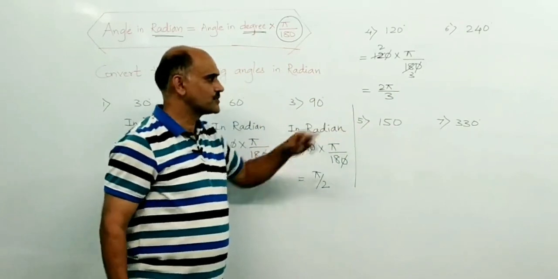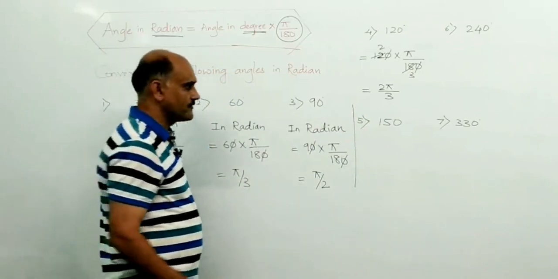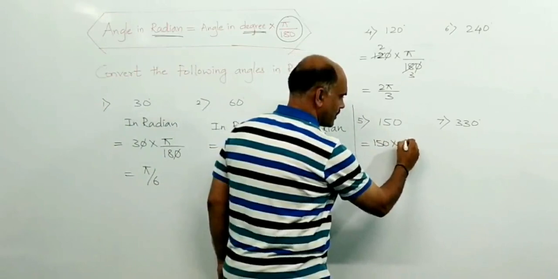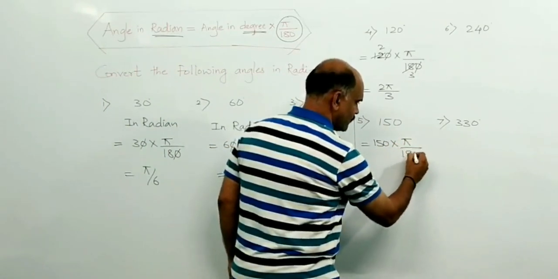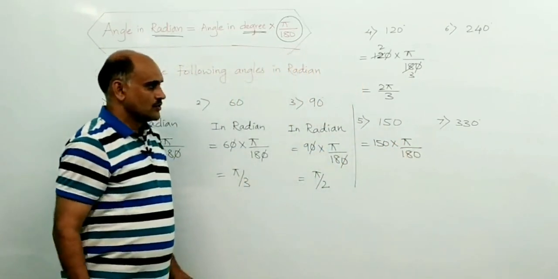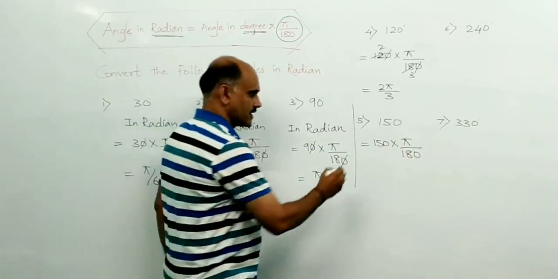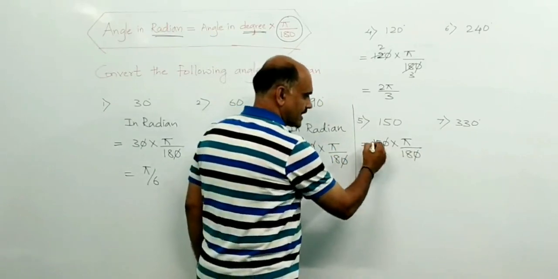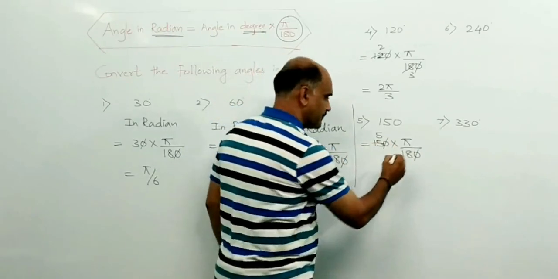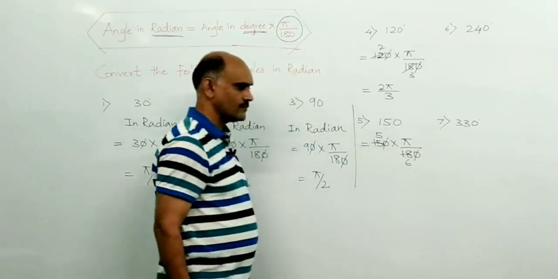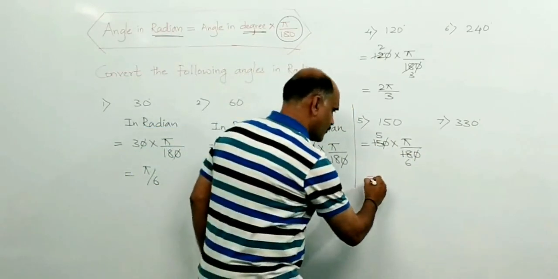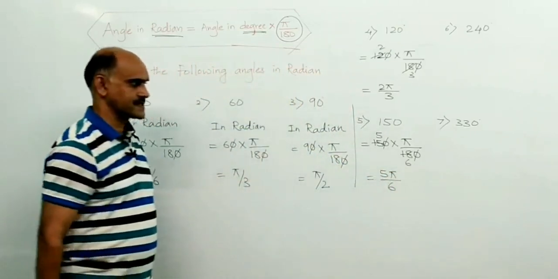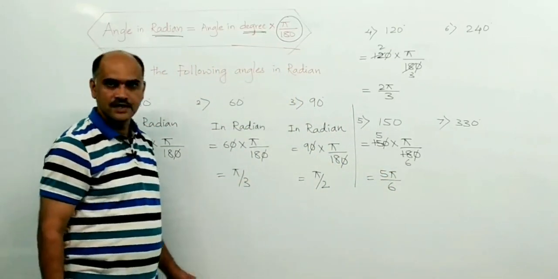Similarly, you try 150. 150 into pi by 180. 0 gets cancelled, so 15 and 18: 3 fives are 15, 3 sixes are 18. So you will have answer 5 pi by 6. Clear students?